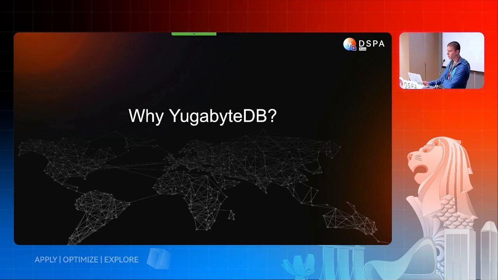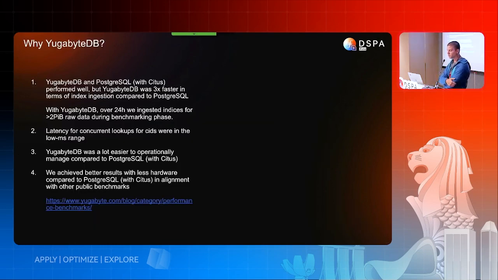So why YugabyteDB? Basically, Yugabyte and Postgres performed the best out of those listed in the previous slide. And Yugabyte was a lot faster than Postgres. Over 24 hours, we were ingesting indices for more than 2 petabytes of raw data during the benchmarking phase.